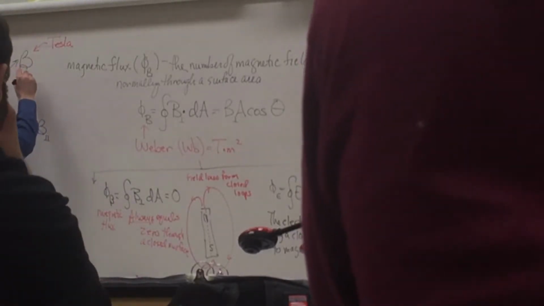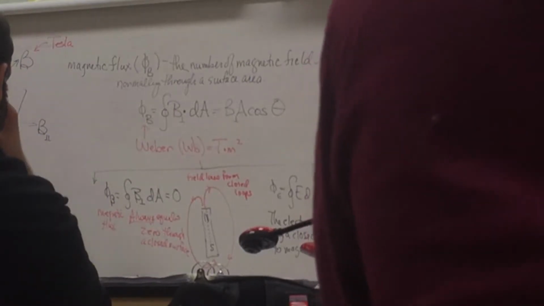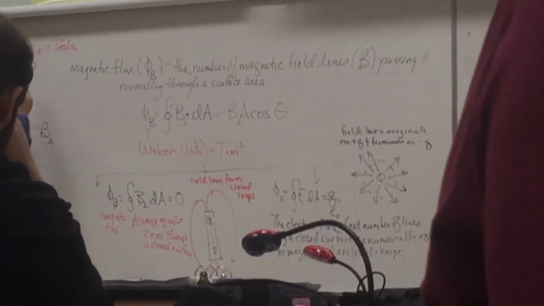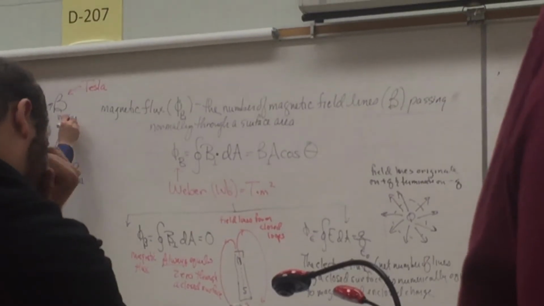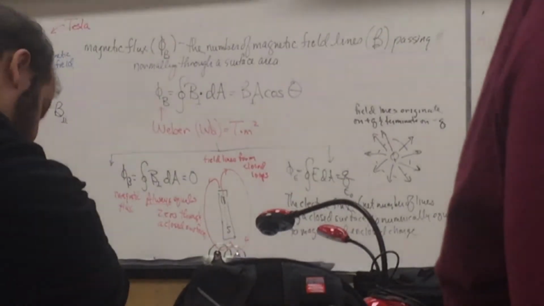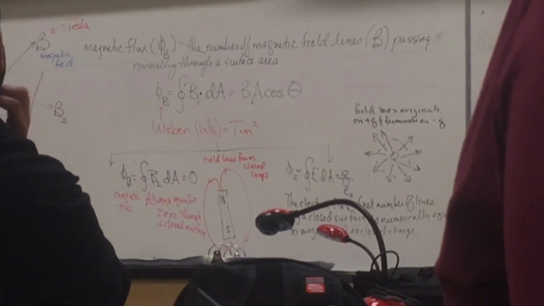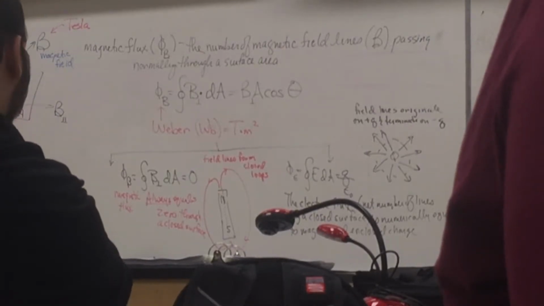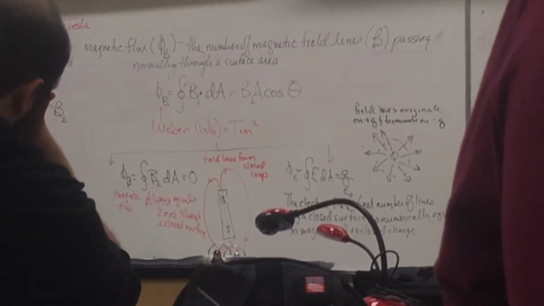We just do the calculation. B is the magnetic field. Anybody want to guess what other term they use for that? You should be able to take a guess by looking at the words on the board.